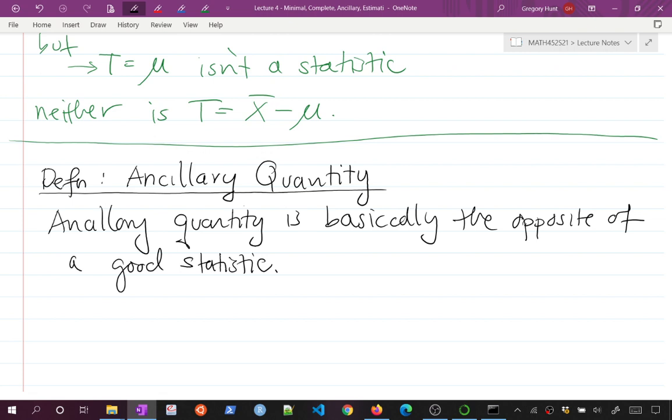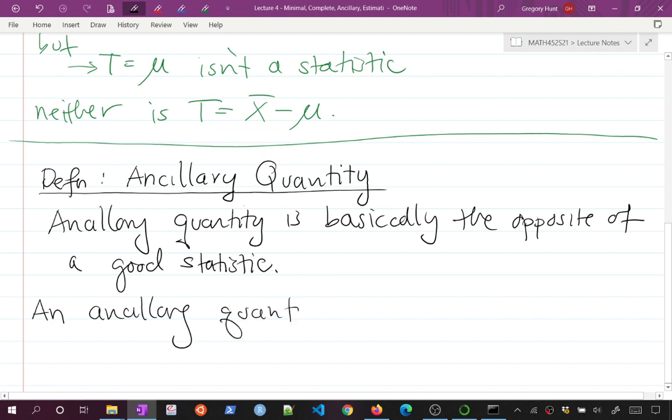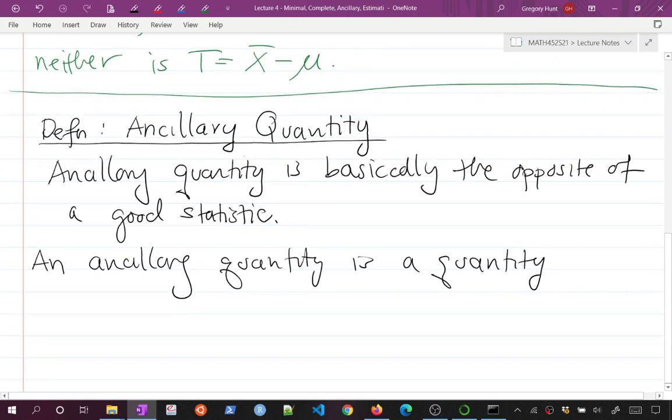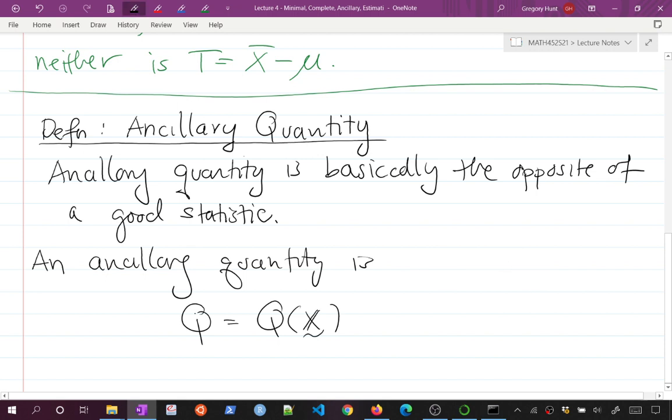And an ancillary quantity is a quantity Q, or Q of my x's, so it's a function of my x's.